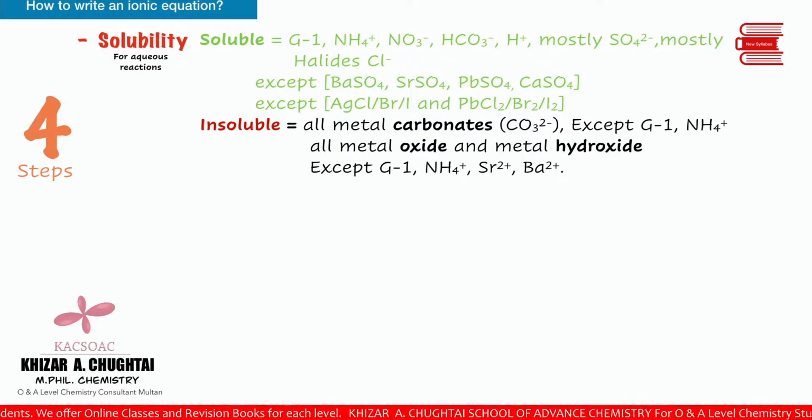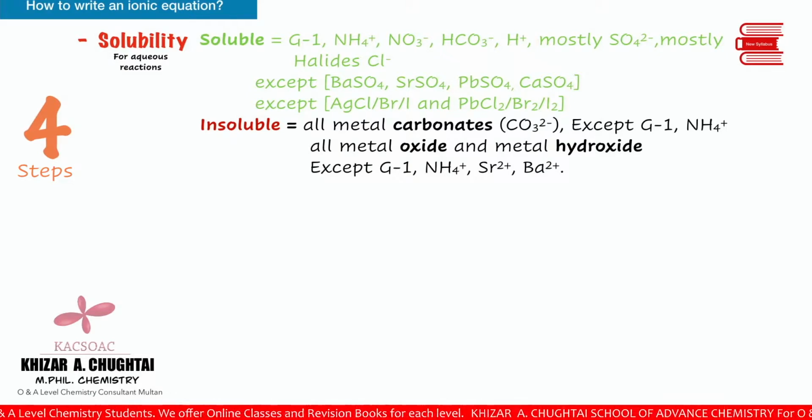Once again, if any hydroxide, any metal hydroxide or other hydroxide, is having group 1 metal in its compound, it will be water soluble. Ammonium hydroxide, water soluble. Strontium hydroxide, water soluble. And barium hydroxide will again be soluble.